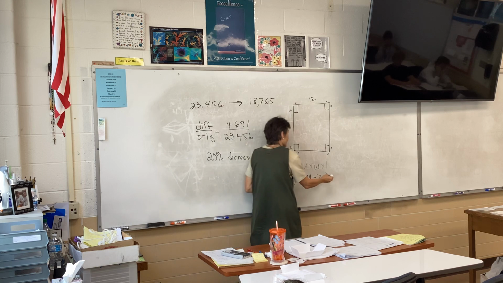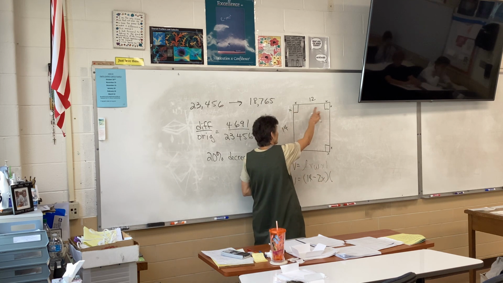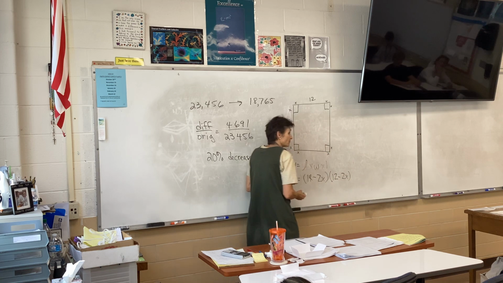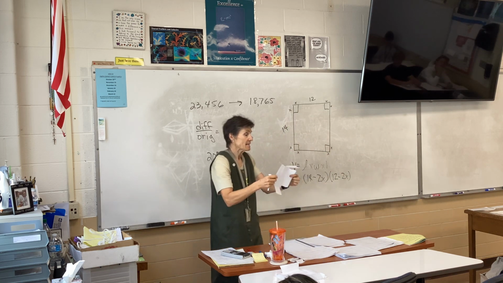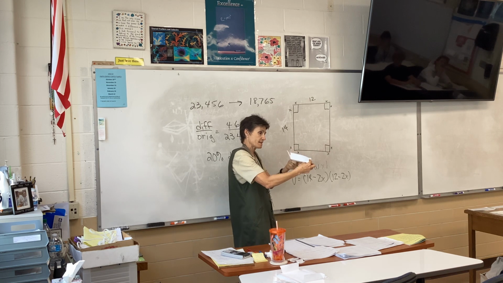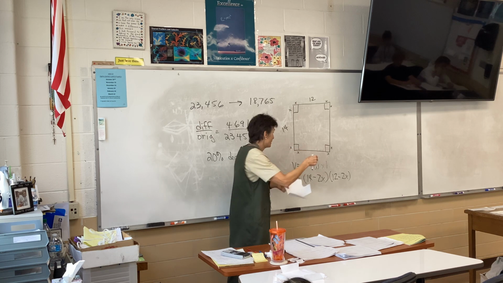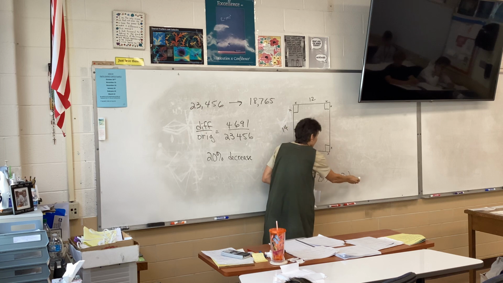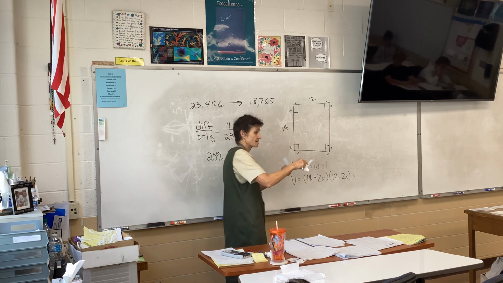And what about the width? I did exactly the same thing. So the width is going to be 12 minus 2x. And then keep in mind that the height of the box is the size of these flaps I folded up. So how big are the flaps I folded up? X. That's X. Right there's X.